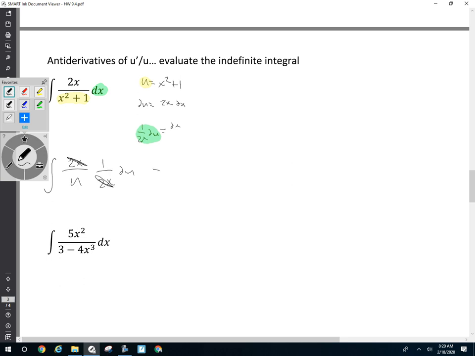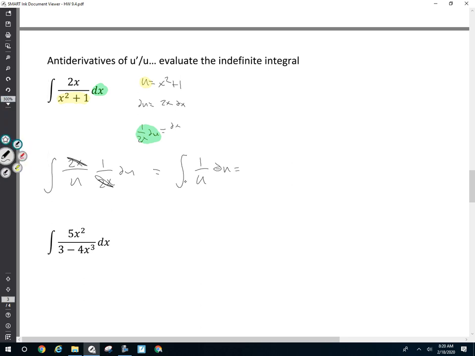Now I have to take the antiderivative of 1 over u. We remember the antiderivative of u to the negative first, 1 over u, is log absolute value. If we ever have a situation like this, we'll end up with a log. I need a plus c because I'm not finding a change, I'm just finding the antiderivative. So log of x squared plus 1 plus c would be my antiderivative.